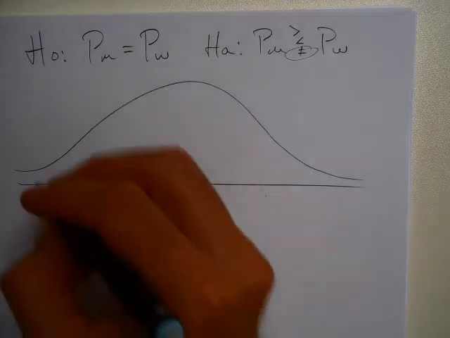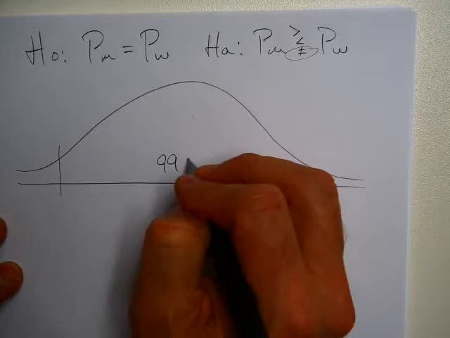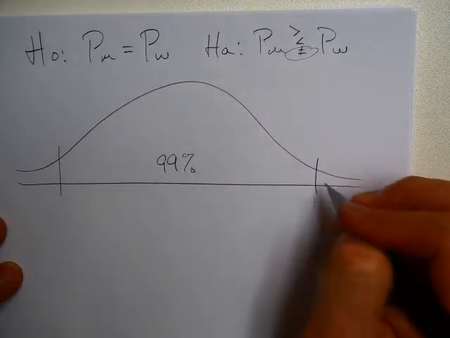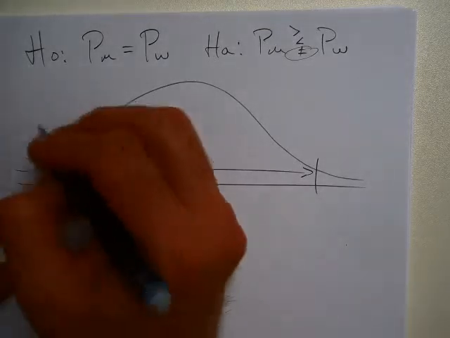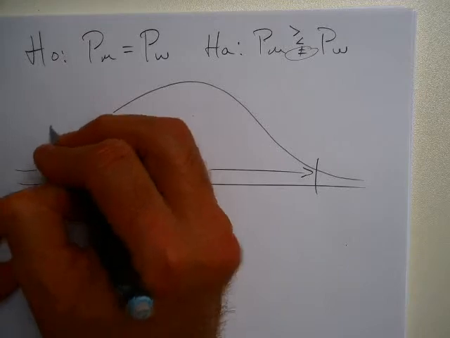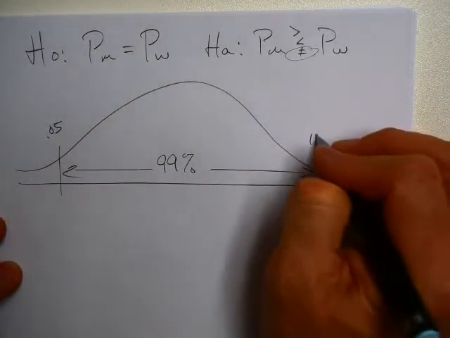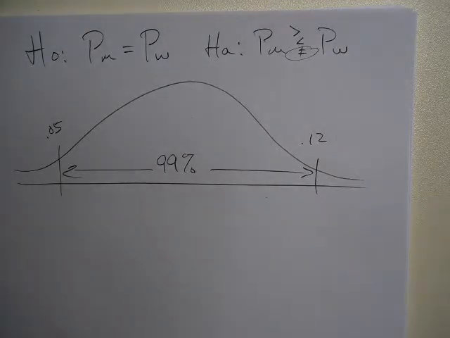Maybe. Okay, so what we just found was a 99% confidence interval, we think that the true mean difference is between 5% and 12%. What does the null hypothesis indicate? There is no difference, 0%.